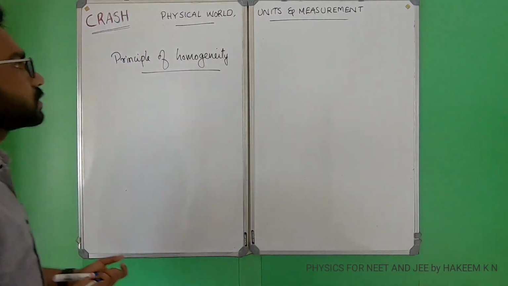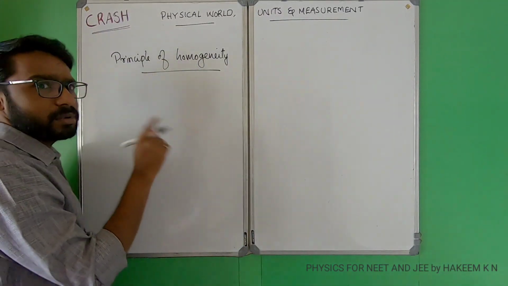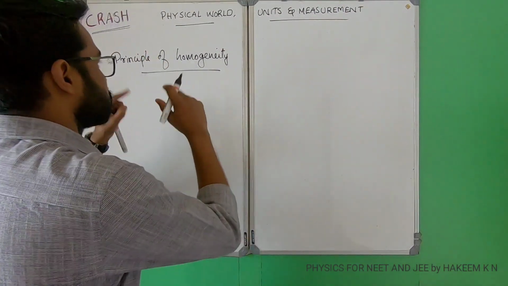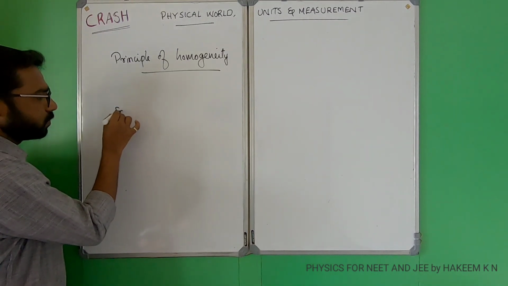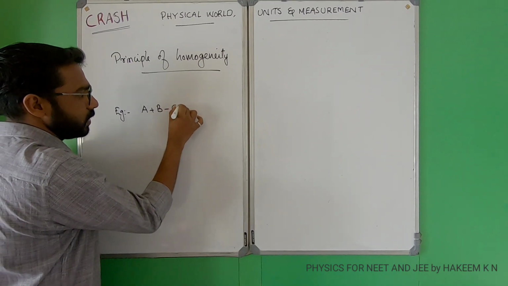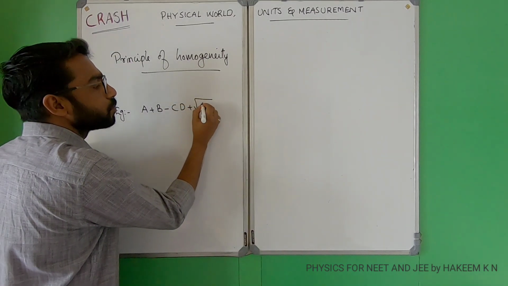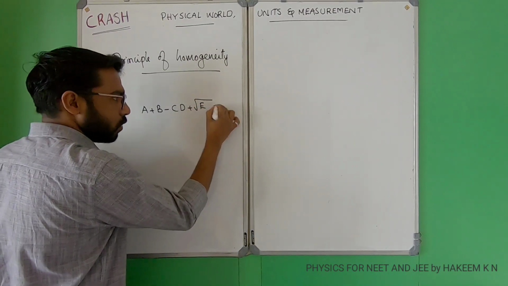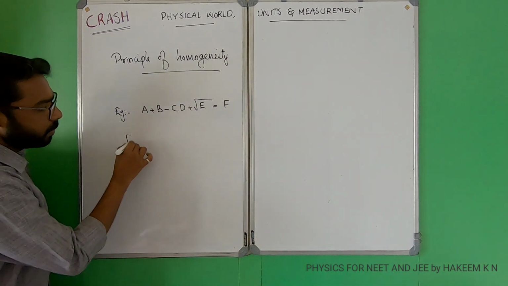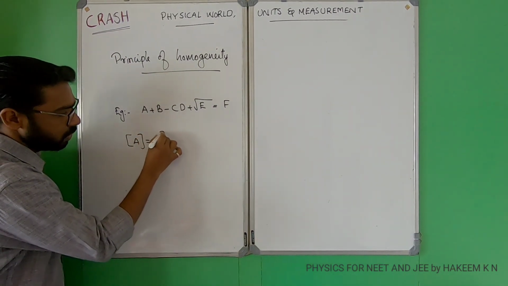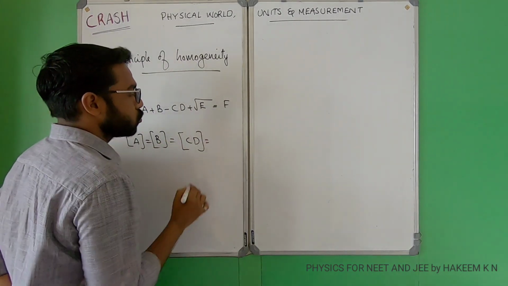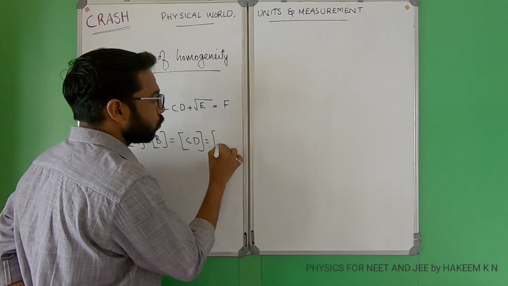This principle says the dimension of any term in a relation must be the same. For example, when we write a relation a plus b minus cd plus root e equal to f, then according to the principle of homogeneity, the dimension of a should be equal to the dimension of b, which should be equal to the dimension of cd, which should be equal to the dimension of root e.